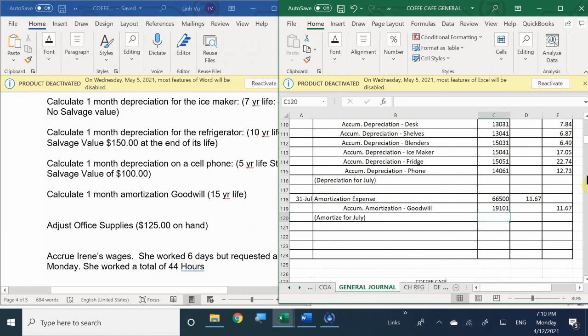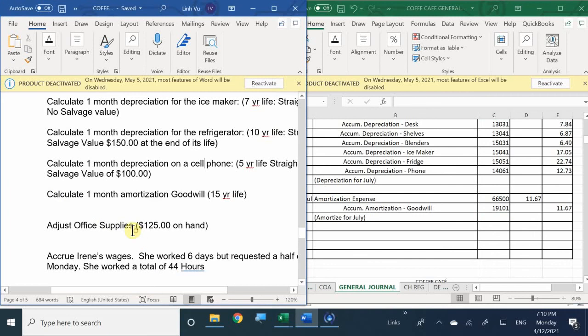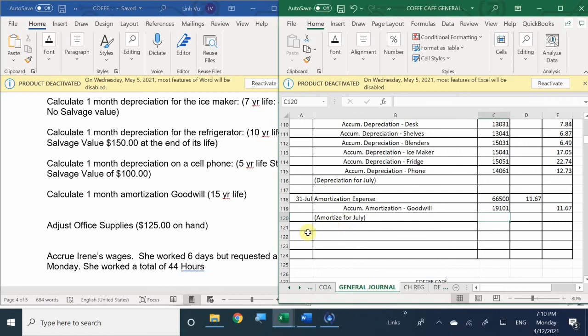So now the next thing that we have to do is we need to adjust our supplies. Our office supplies. If we have a total of $125 on hand, that means we must have utilized a lot of office supplies. So here we have perfectly enough room for our last transaction.